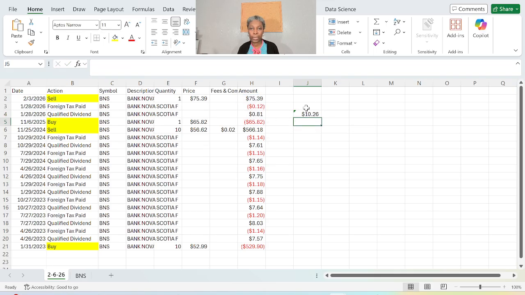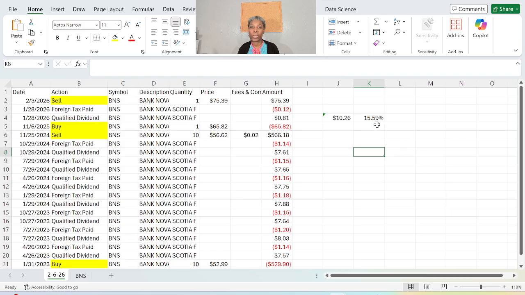That will calculate the profit for us, and I can just take that profit divided by how much we paid for it. So divided by this, I put a negative sign there so that I can take the negative sign out of there. So we make 16% return on it, or 15.69% return on this within 3 months.